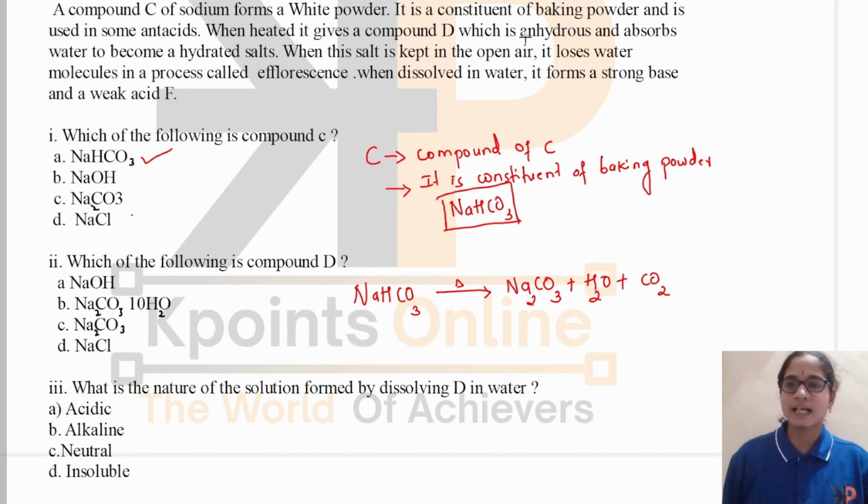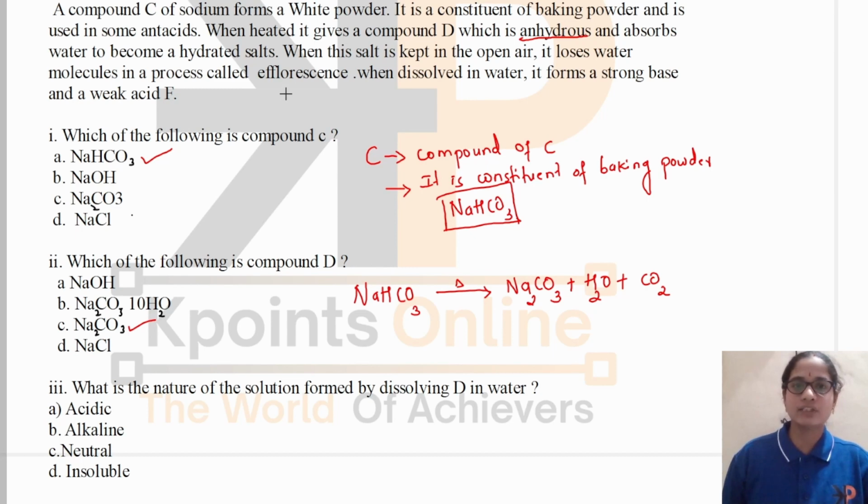And they have also given it is anhydrous. When it absorbs water molecules in the crystal structure, it forms sodium carbonate decahydrate, that is washing soda. So the compound D will be sodium carbonate only. You should not write sodium carbonate decahydrate. Okay, it is anhydrous. After heating sodium bicarbonate, we will get sodium carbonate. So the compound D will be sodium carbonate, that is Na2CO3.